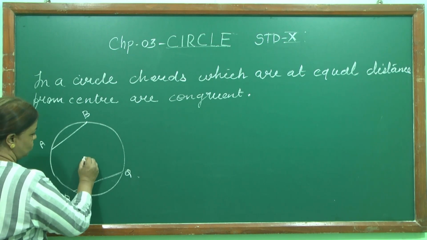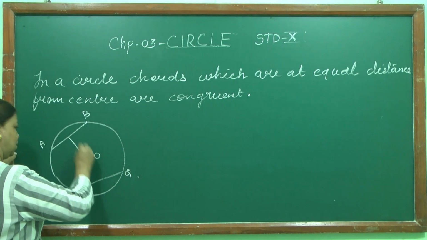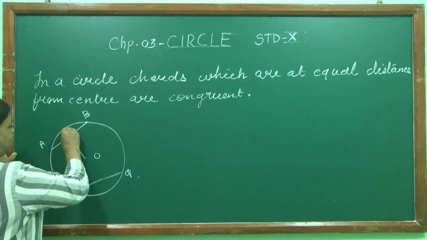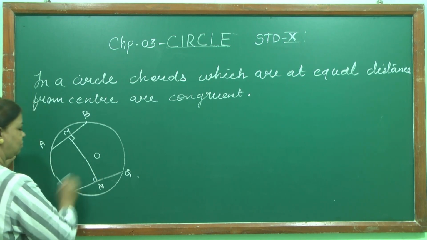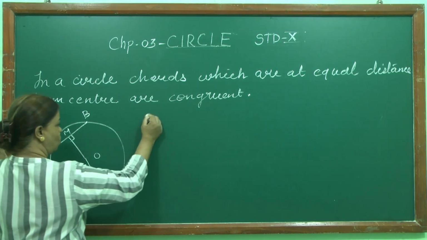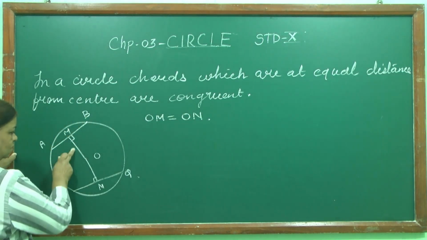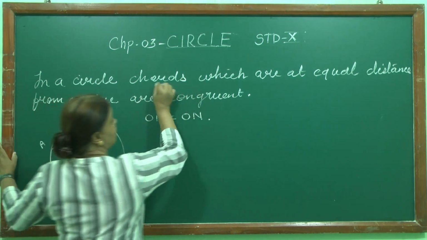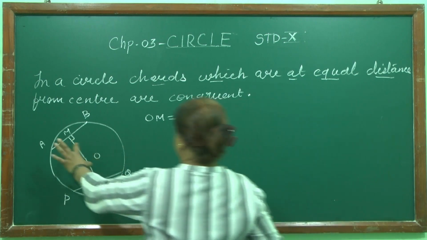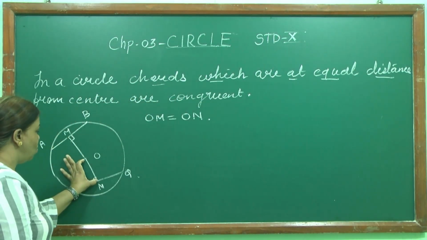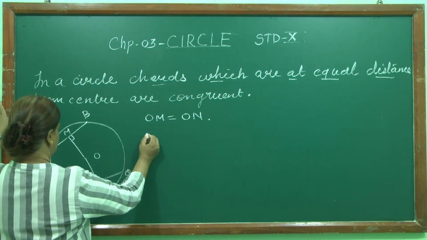Suppose O is the center of the circle and I draw these lines OM and ON. So if OM is equal to ON, that means the chords are at equal distance from the center, then the chords are equal.